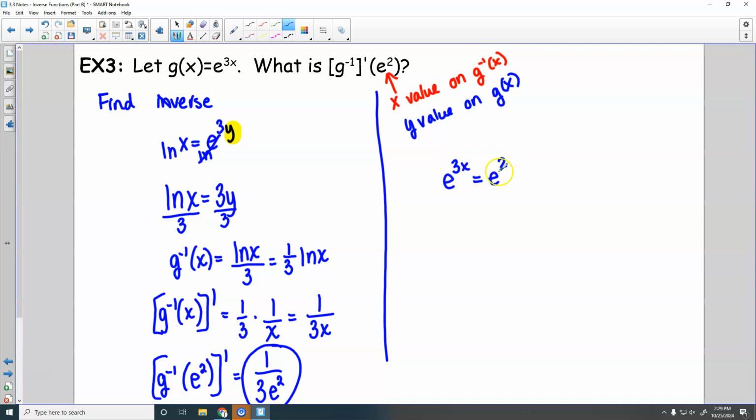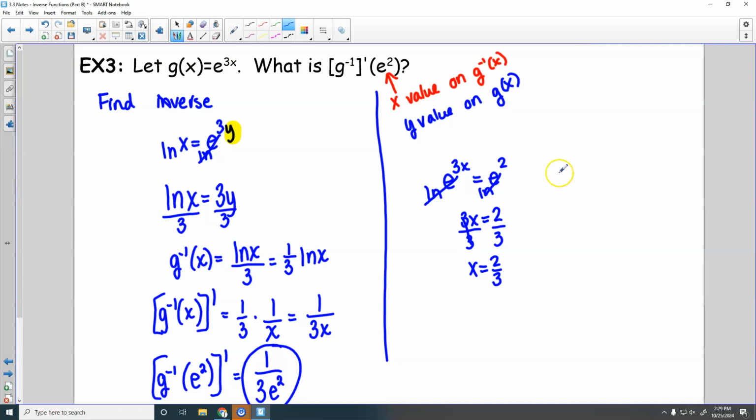So if I want to figure out what the x value that goes with that is, because I'm looking for that corresponding point, I could just natural log both sides here. And so 3x equals 2, and divide by 3, and you got x equals 2/3.